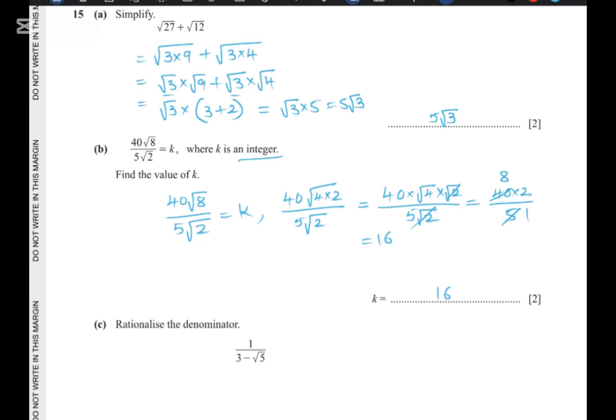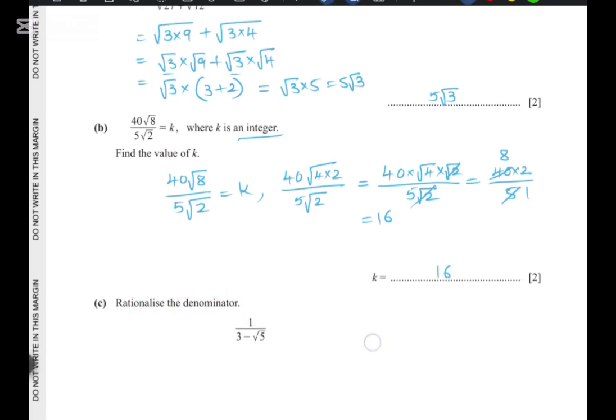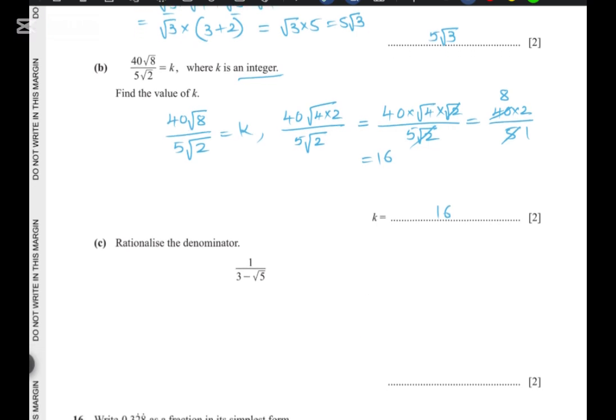Now C, rationalize the denominator. 1 by 3 minus root 5. Whenever a rationalizing question is given, we have to take the denominator and change the sign, and multiply with the numerator and denominator. 1 into 3 plus root 5, it's given minus, you have to change the sign, and 3 minus root 5 into 3 plus root 5. So you will have in the numerator 3 plus root 5 by, this is in the form of a minus b into a plus b.